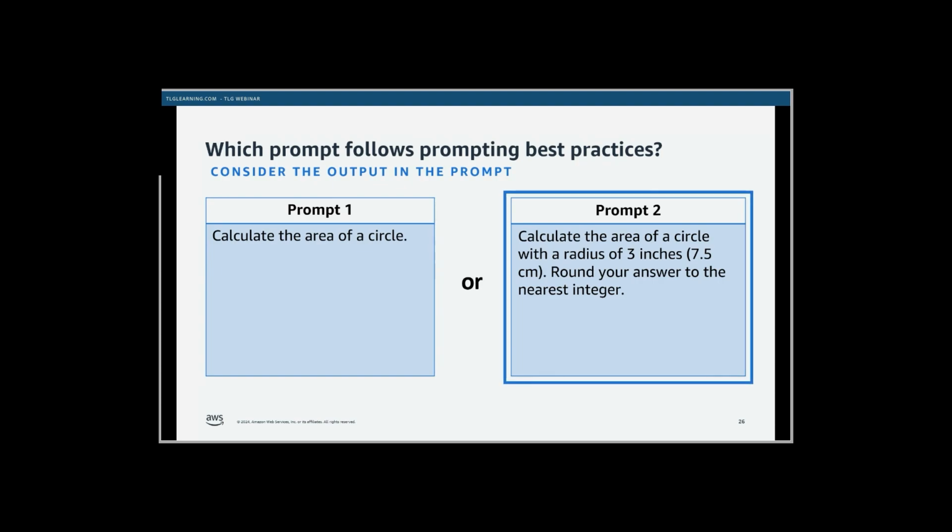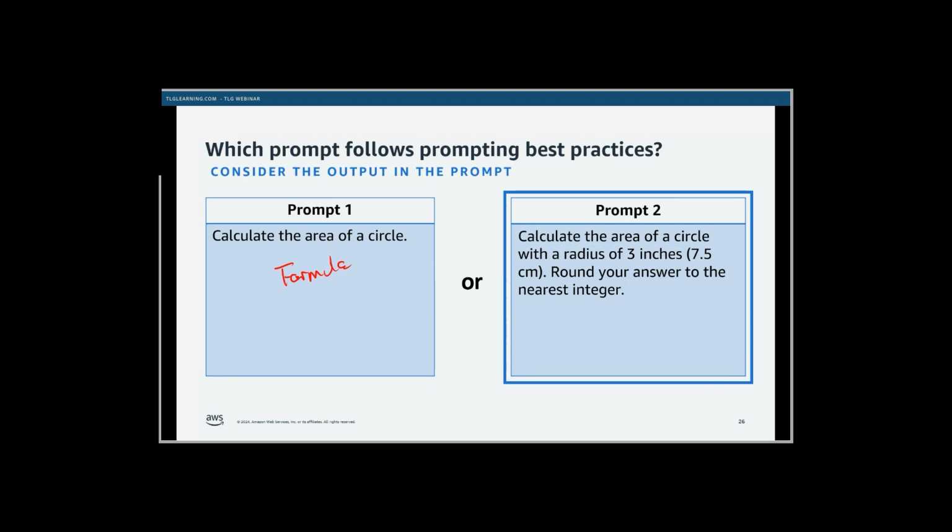Prompt number two is giving more specific instructions. Prompt number one is very general, right? Calculate the area of a circle. Maybe in this case, if you get any result, you may just get the formula for how to calculate the area of a circle, but we didn't provide any other specifics.